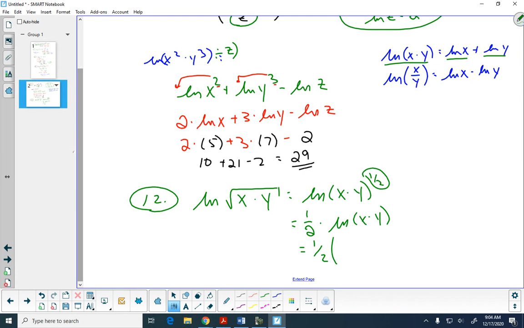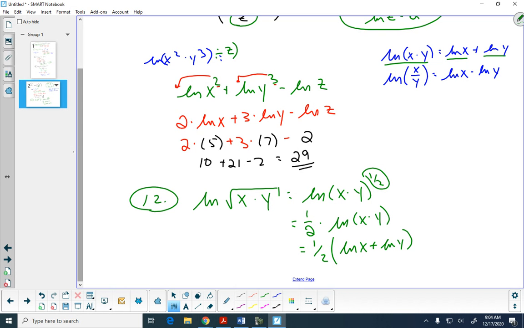Ln of x times y, what would that equal? Ln of xy. Yeah, it equals the ln of xy, but how can we separate these into their own separate logarithms? Oh, by adding them. Adding them. So we have ln of x plus the ln of y.